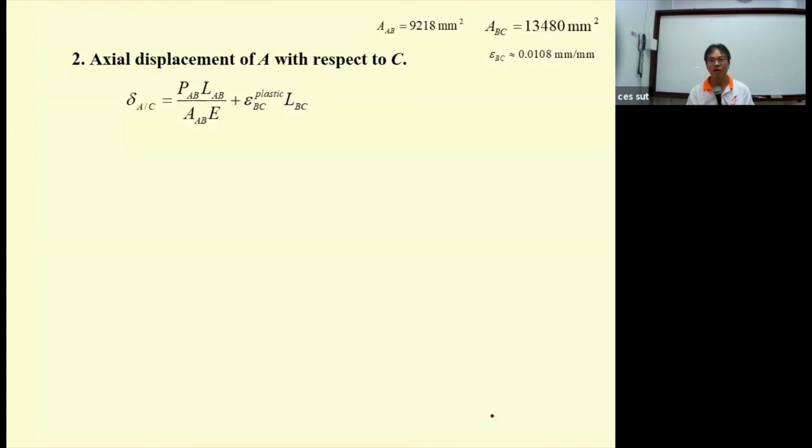And then we have the equation in the form like this. We put the plastic strain into here and multiply it by 4 meter. That is 4,000 millimeter.